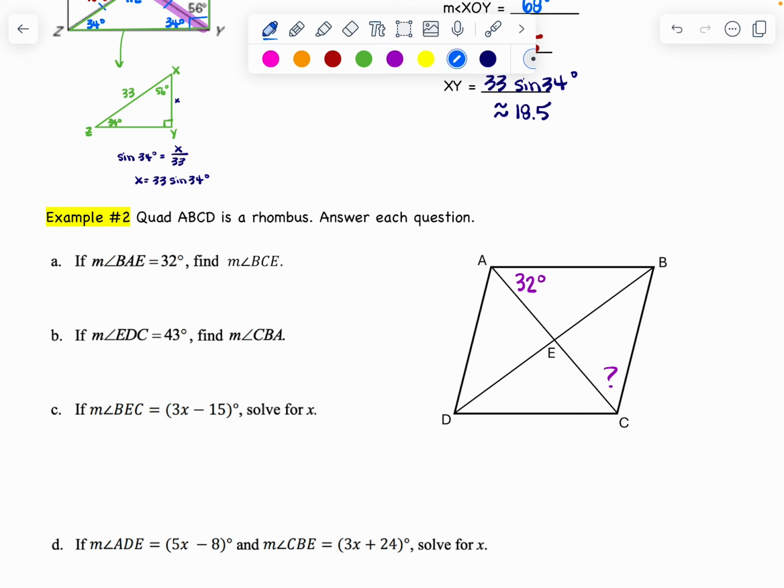Well, remember, anytime I see a rhombus, I'm going to kind of go to town with my markings, right? Because I know, first of all, that the sides are congruent. So I'm going to put those in. And I also don't want to forget that the diagonals are perpendicular. So I have 4 congruent right angles.